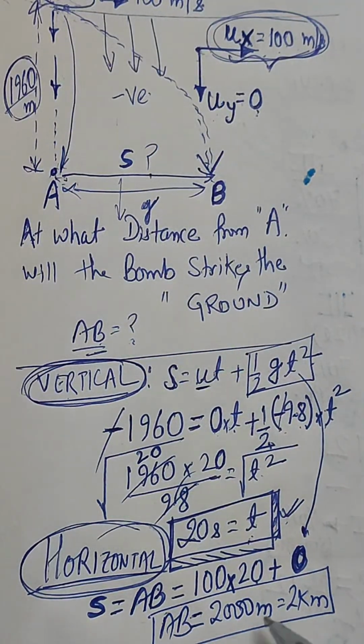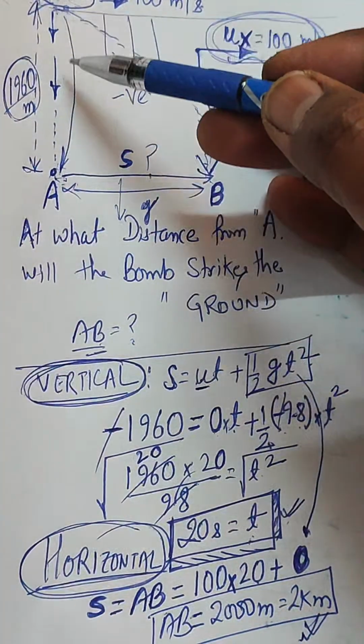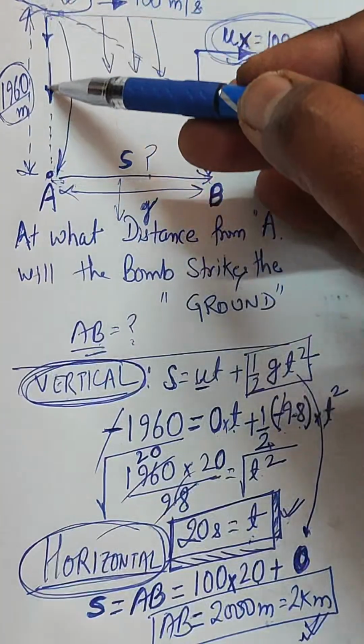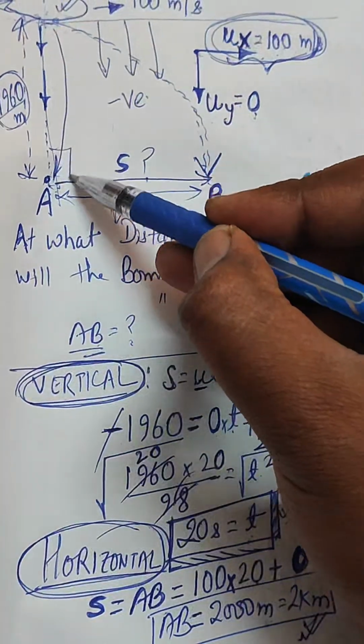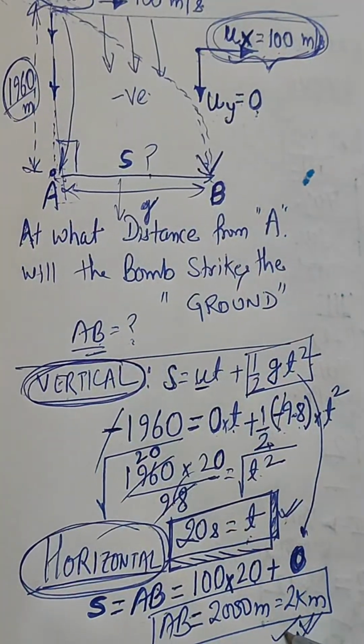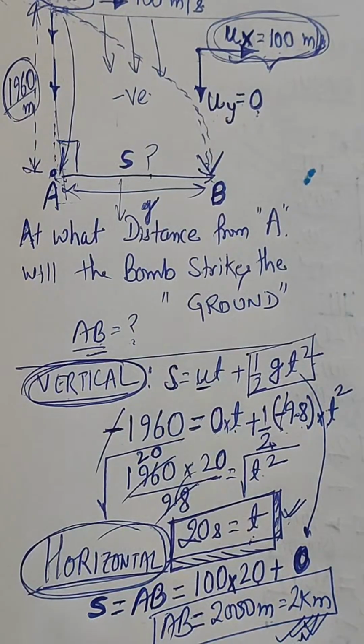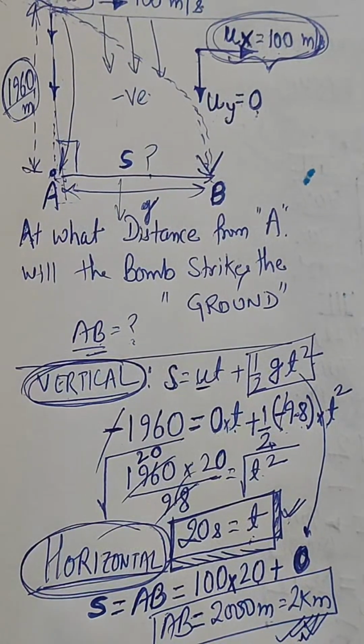The bomb strikes the ground 2 kilometer from the point where the bomb is released. If you consider this as the vertical direction, this is 90 degree. From A to B, this distance is coming as 2 kilometer, right? So in this way you can solve such projectile questions very easily.